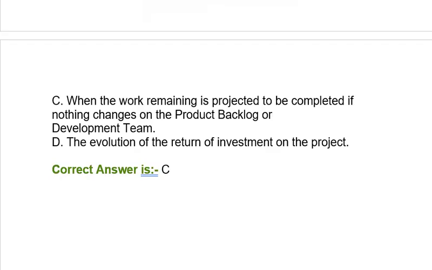Option C, when the work remaining is projected to be completed if nothing changes on the product backlog or development team. Option D, the evaluation of the return of investment on the project. Correct answer is option C.